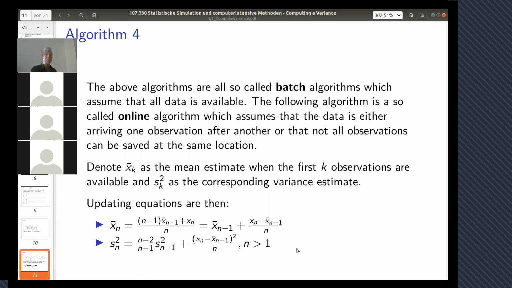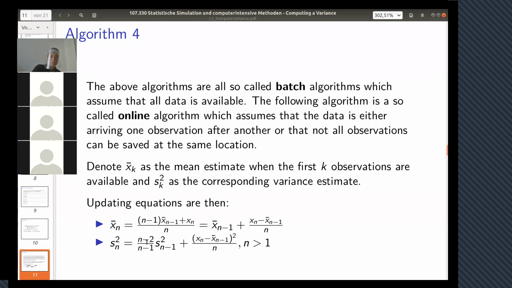And therefore, we use an online version of calculating the mean based on the previous mean and the new value which I observed now. And in addition, this variance correction formula for adapting the estimated variance.